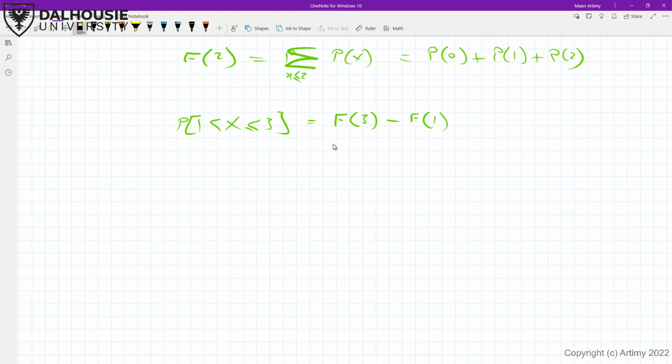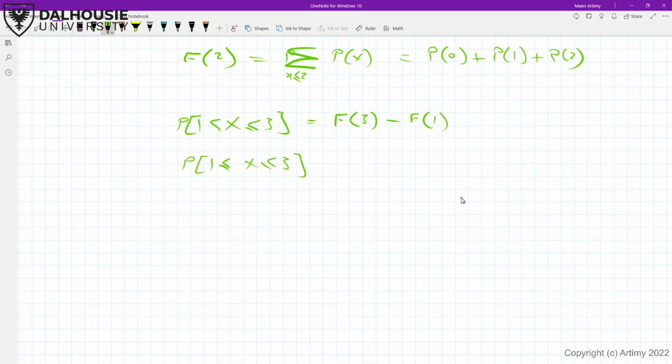So that's the formula. Just in case I get confused, I draw it. So these are the values 3, 2, 1, 0, or you can do it the opposite way. Let's do it the opposite way here.